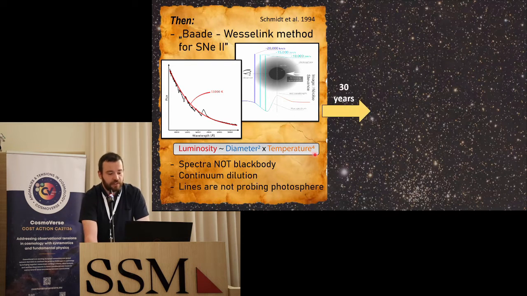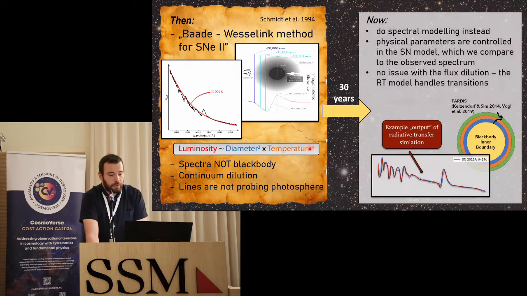However, physics did not stop. People have been working very tirelessly in the past 30 years to come up with an effective way of properly modeling these Type II supernovae. And what we are doing today is that instead of making these two assumptions, measuring lines separately and putting black bodies on top of the spectra separately, we are now doing complete radiative transfer modeling of the entire spectra, where you have all the parameters together in a correlated fashion.